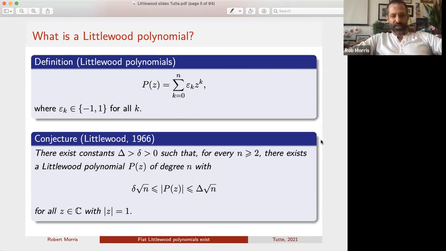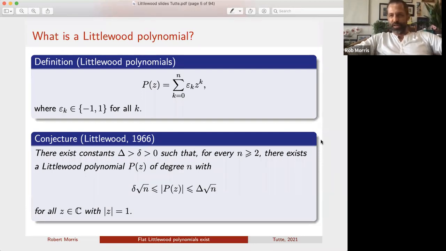In particular, he conjectured that the answer to this question of Erdős is yes. In his 1968 collection of 30 problems in analysis, he spends quite a bit of time talking about this problem, about various failed approaches.